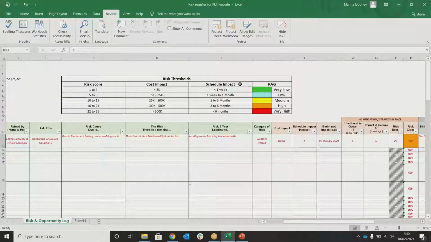So you edit this for you. Obviously, your highest impact is going to be the cost of your project. It can't reach over that. That would be very alarming, a cost occurring that would be classed as very high. So for this project here, 500k is the highest they could go to, and it'd be on their alarm bells. So it is entirely up to you. You adjust that top bit to suit your needs.